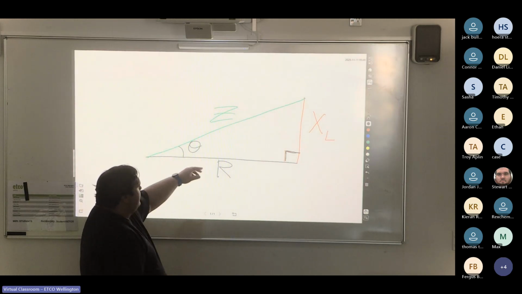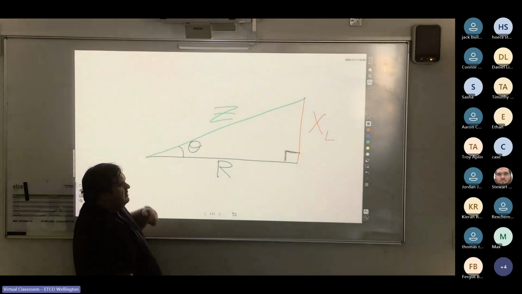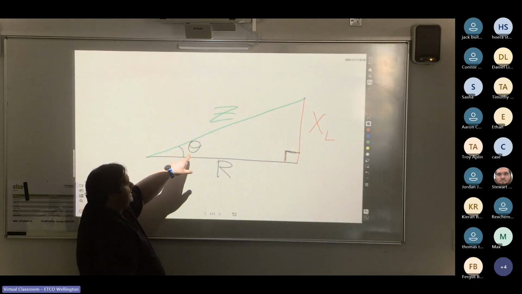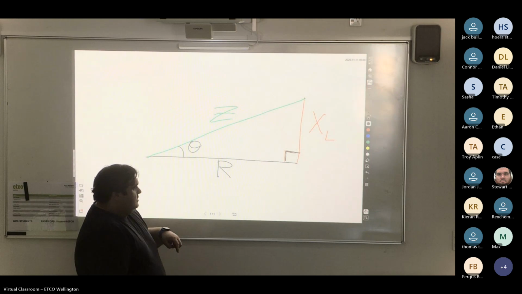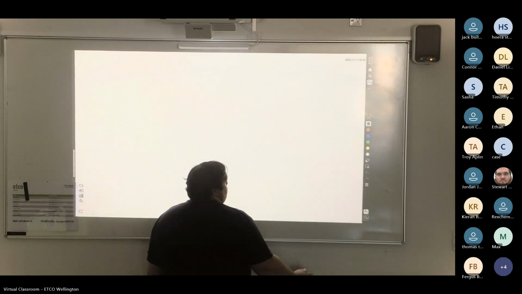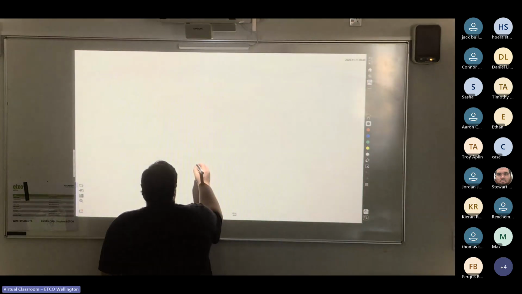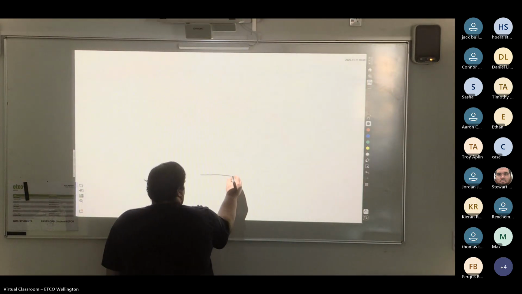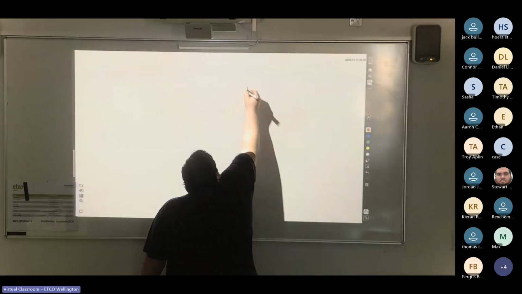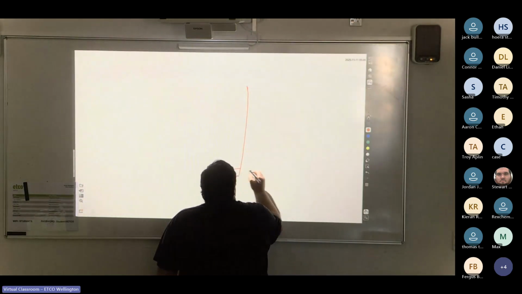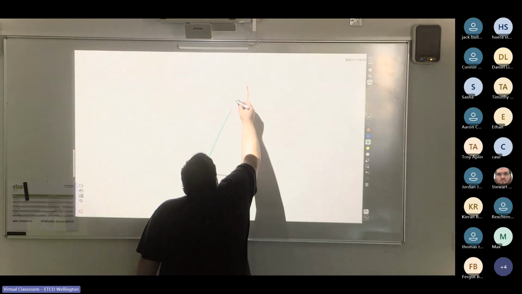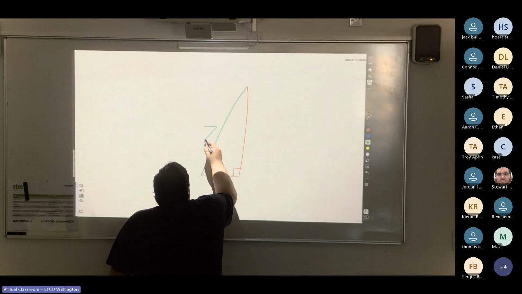So this is how we figure out how far behind our current is going to lag our phase. So if I was to draw another one, so with this being our resistance, and this being our inductance, and I'm very bad drawing on this board, this would be our impedance.